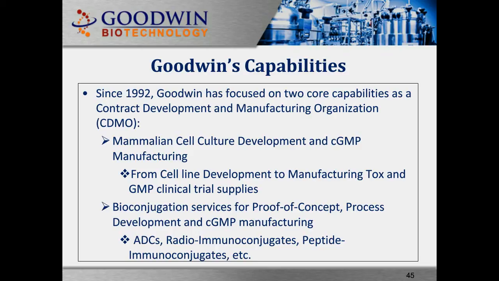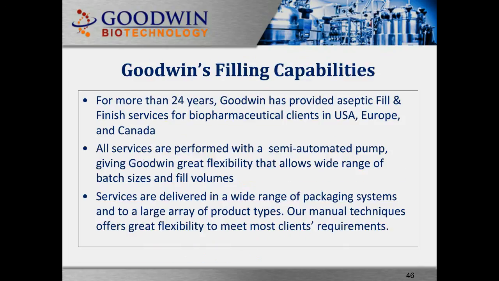Goodwin also has the capability of performing stability studies as per ICH guidelines. For more than 24 years, Goodwin has provided aseptic fill and finish services for biopharmaceutical clients in USA, Europe, and Canada. All services are performed with a semi-automated pump, giving Goodwin great flexibility that allows a wide range of batch sizes and fill volumes.